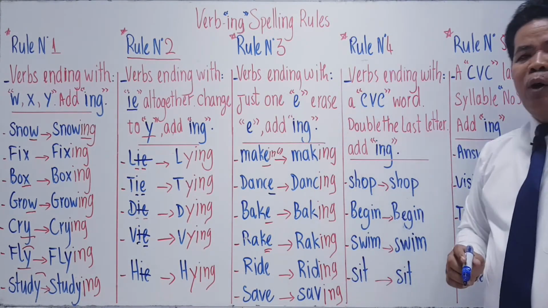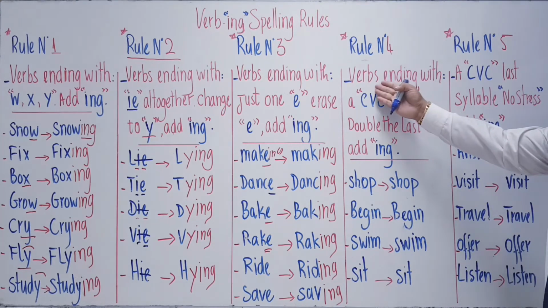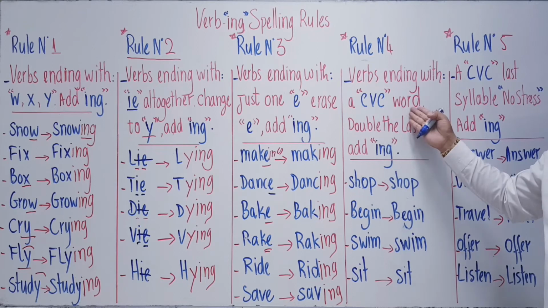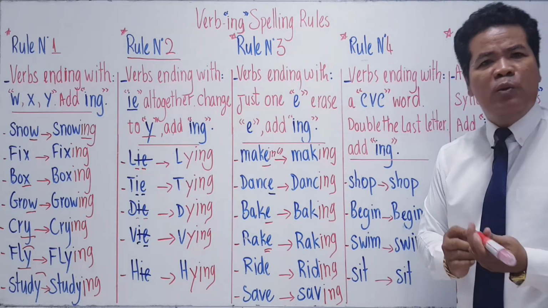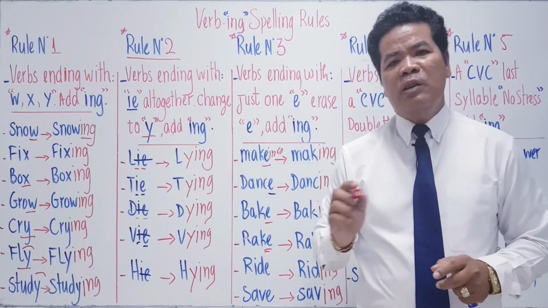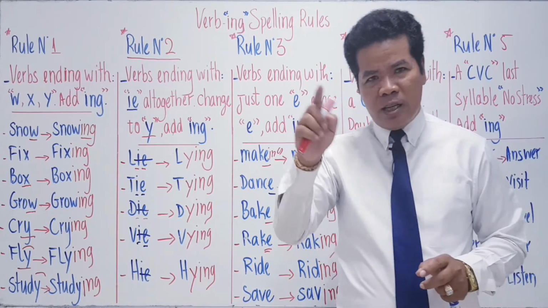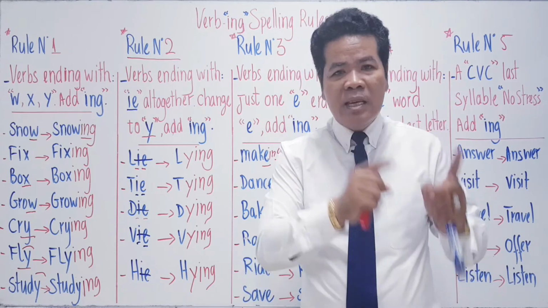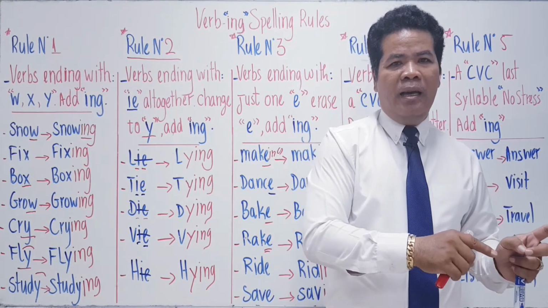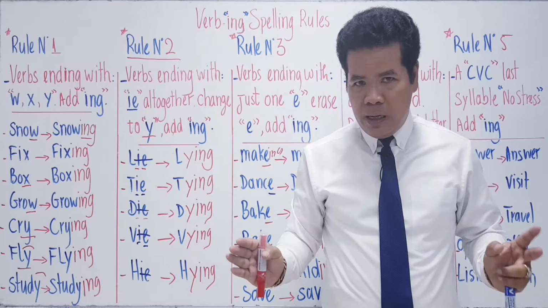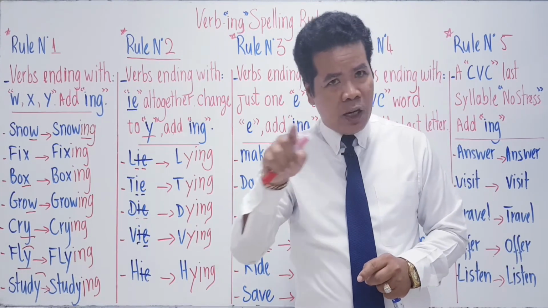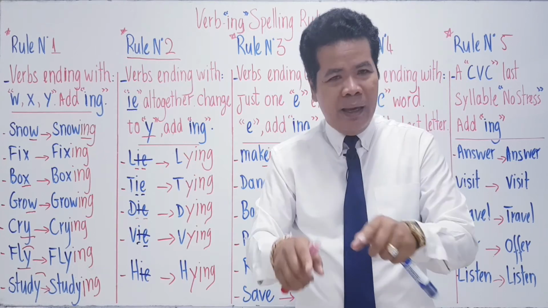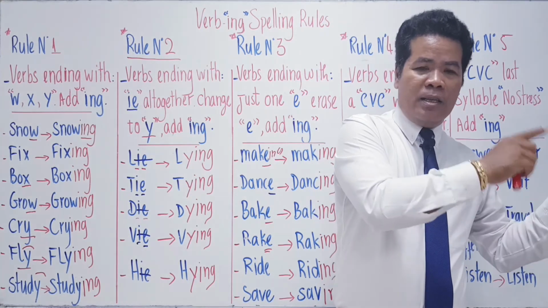Rule number 4. Verbs ending with a CVC word. So what does it mean, CVC word? C is a consonant, V is a vowel, C is a consonant. Again, CVC means C is a consonant, V in the middle is a vowel, and the last C is a consonant.